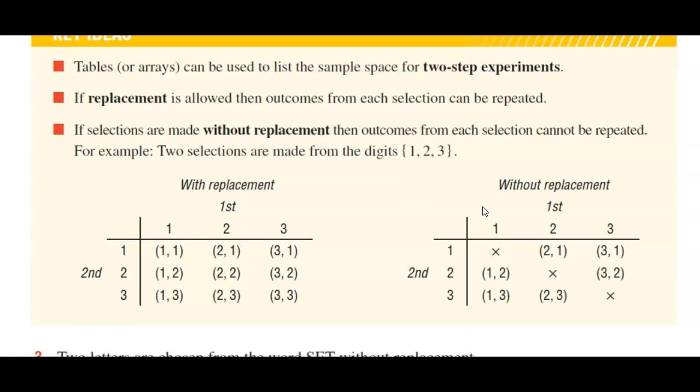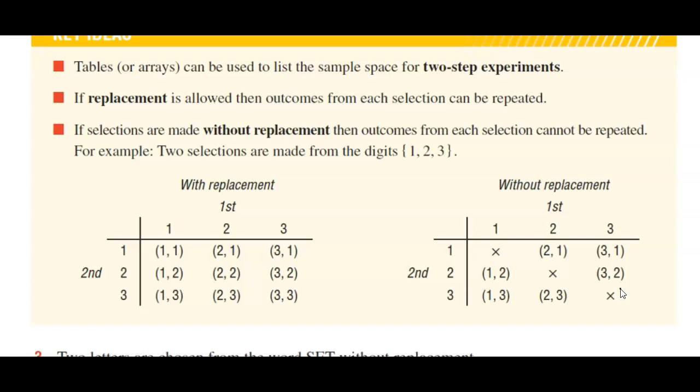But if we had without replacement, so let's say the number 1 was already chosen, we can't have 1, 1. Sorry, I was looking at this number 2 when I said it. We can't have 1, 1 because we've already selected the number 1. We can't have 2, 2 because we've already selected the number 2. And we can't have 3, 3 because we've already selected the number 3.